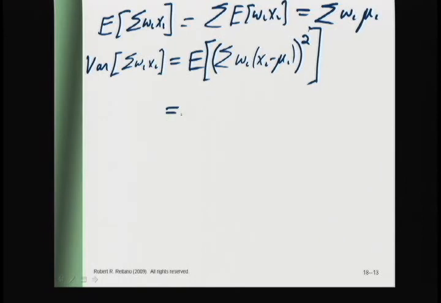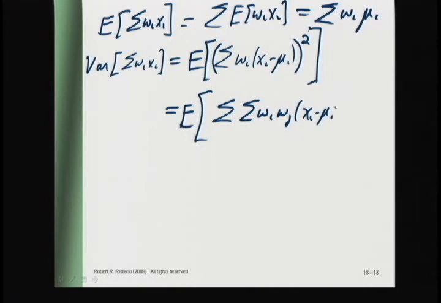What you get, and we'll forget about the E for a moment, is a double summation. You get a summation of wi, wj, and then an xi minus mu i term and an xj minus mu j term. Both the i's and the j's are going to run through all the parameters from 1 to n. This is easy to see if you just do a simple example.